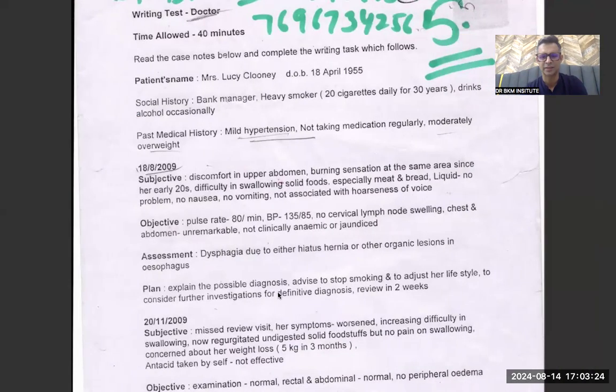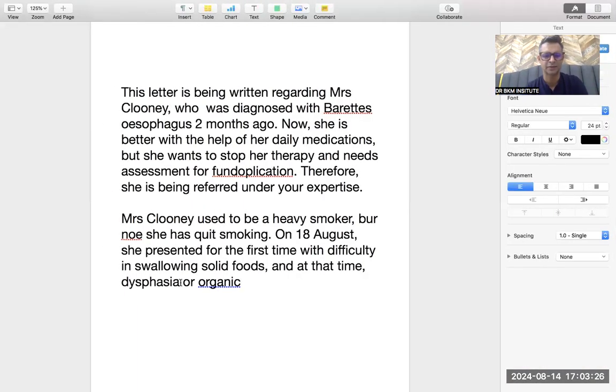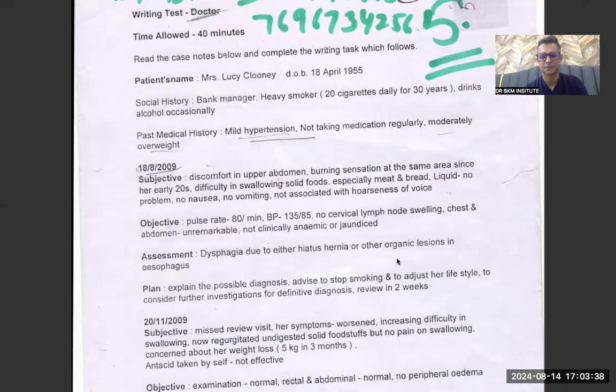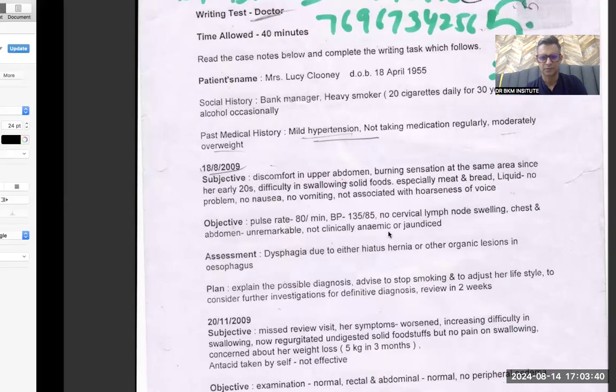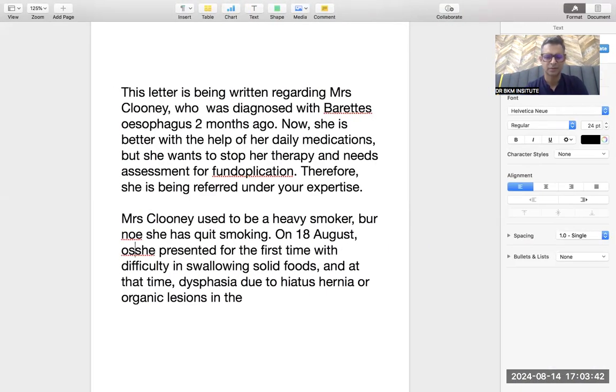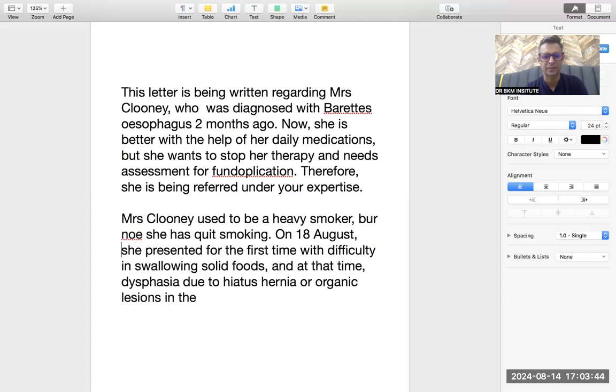Dysphagia due to hiatus hernia, I will write it either way. Dysphagia due to hiatus hernia or organic lesions in the esophagus.